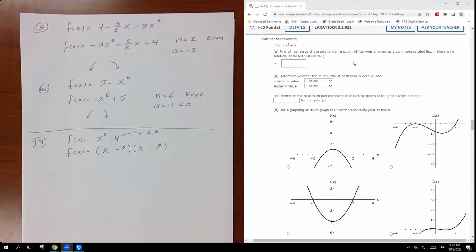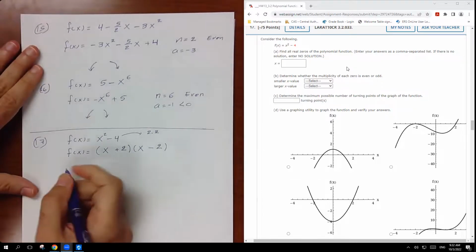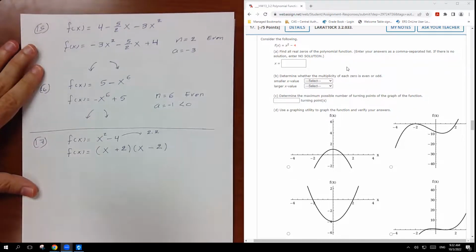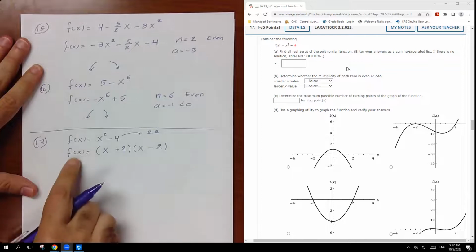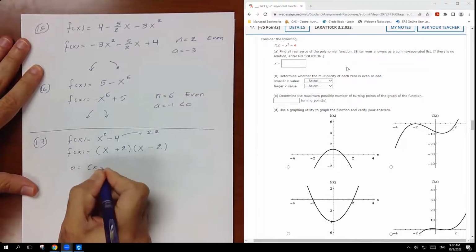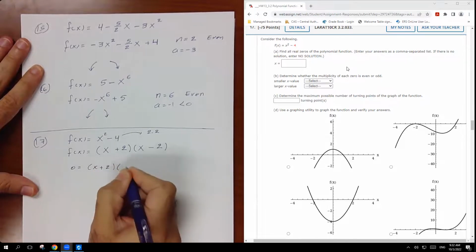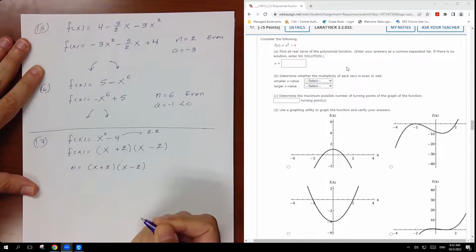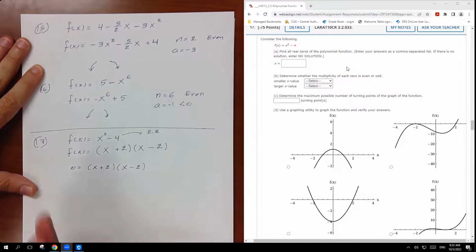Now let's check. How are we going to find the zeros? For the zeros, you just set f of x equal to 0, which is the same thing as the x-intercept. That means y equals 0. So I'm going to say 0 equals x plus 2, x minus 2, because it's the same thing to find the x-intercept.